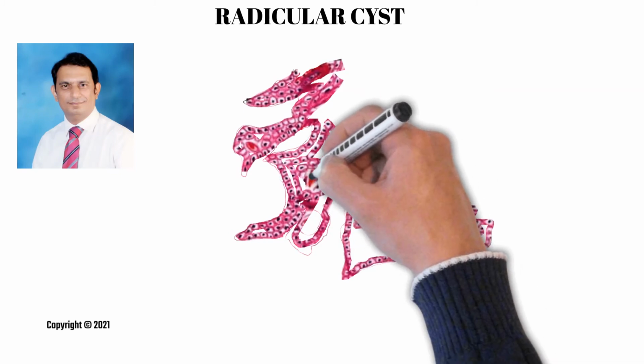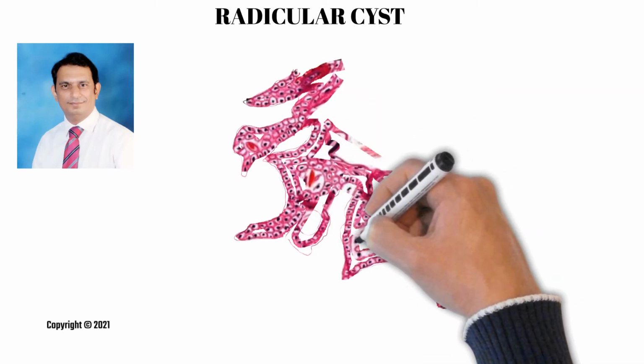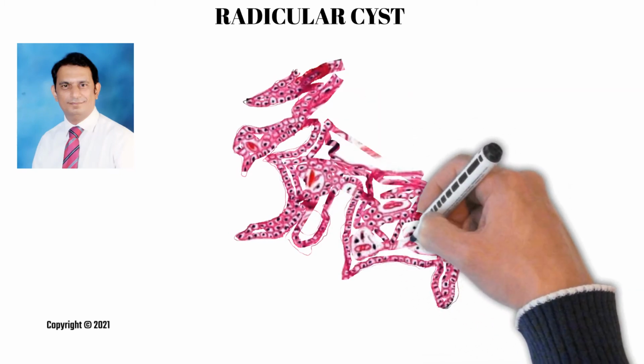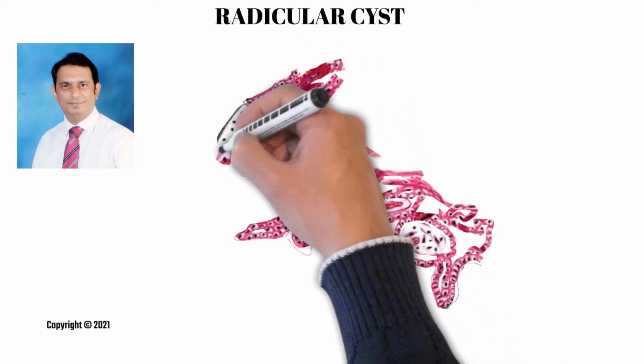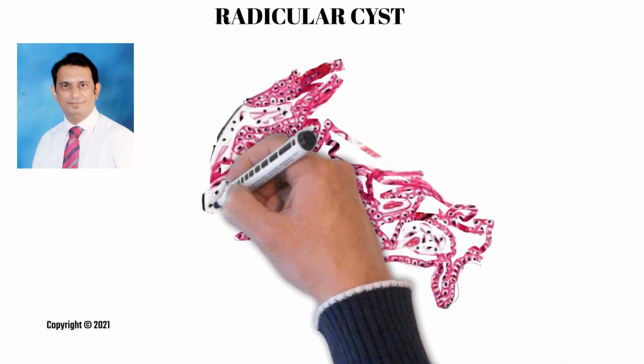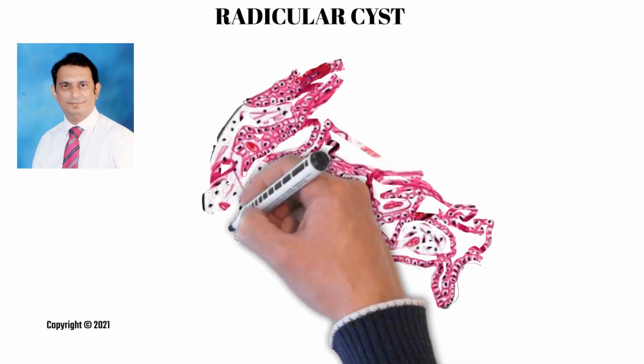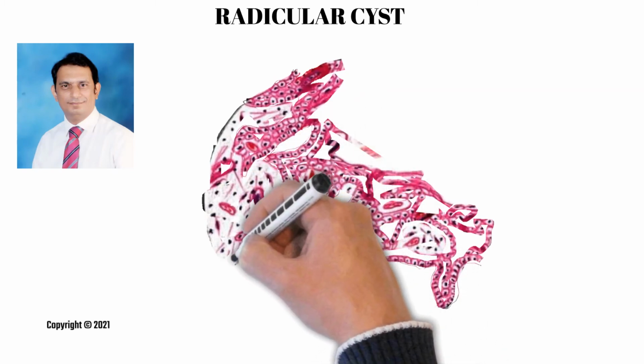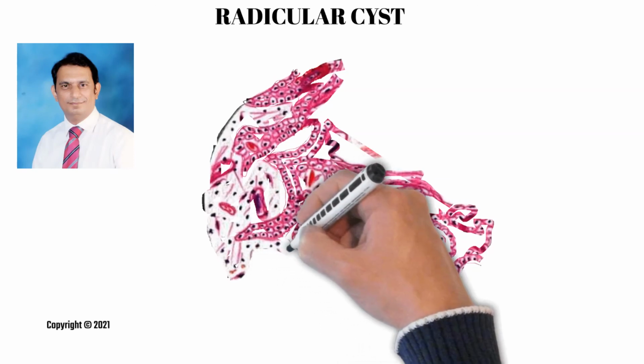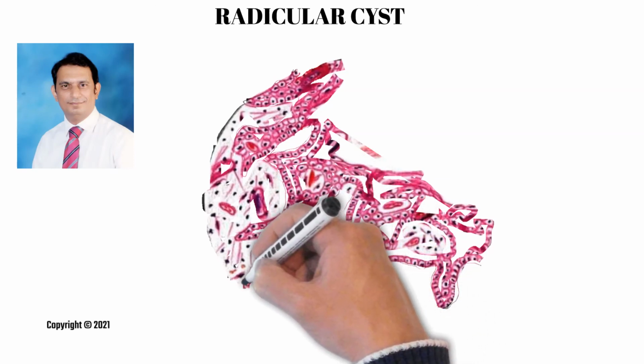So in between, when you see that there is forking and arcading pattern, then you draw the connective tissue stroma, where you will see eosinophilic masses known as the hyaline bodies.